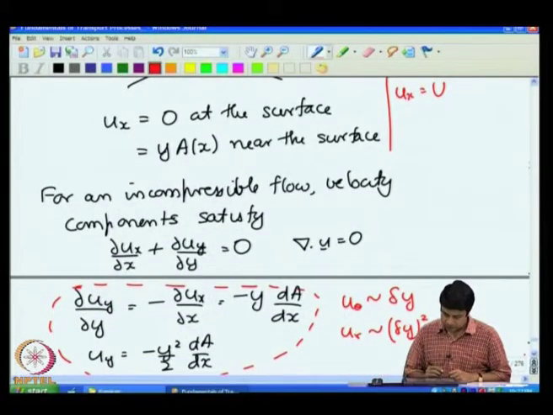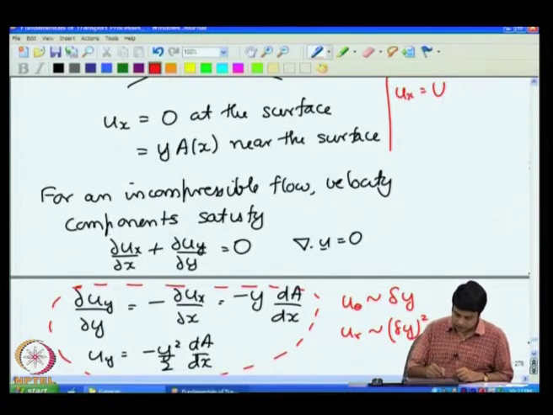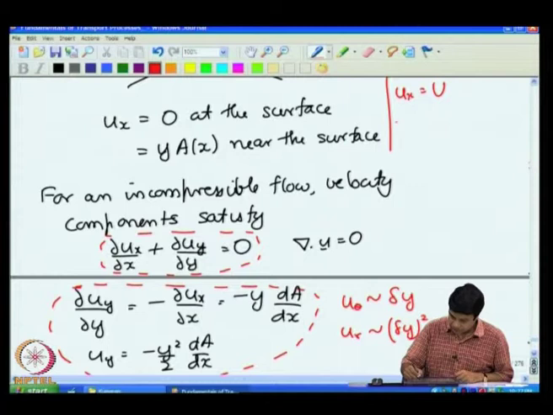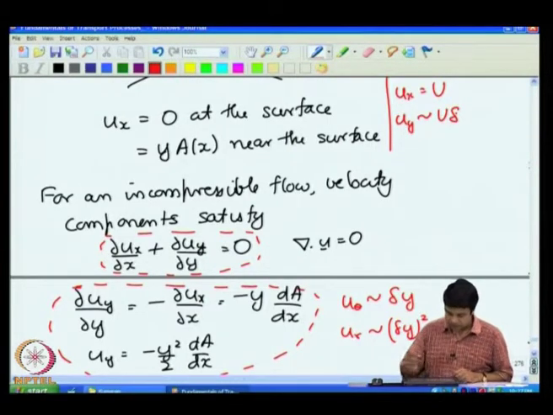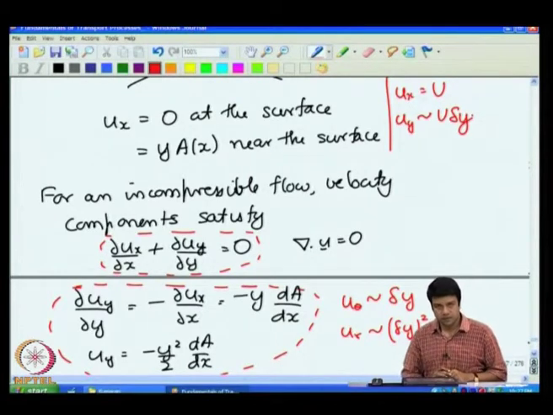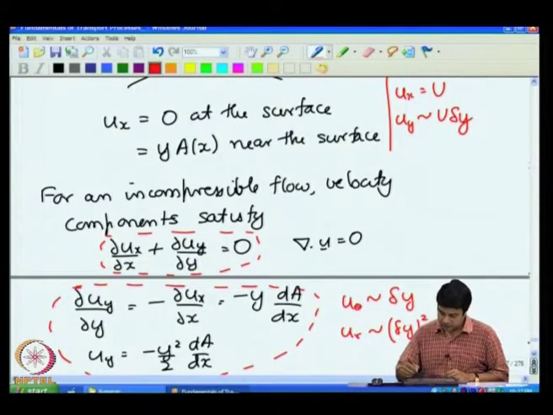And what that would imply from the incompressibility condition is that uy will be equal to y times delta at the surface. The perpendicular velocity will go as U times delta times y. In contrast to the delta y and delta y square scaling here, you will get 1 and delta y here.